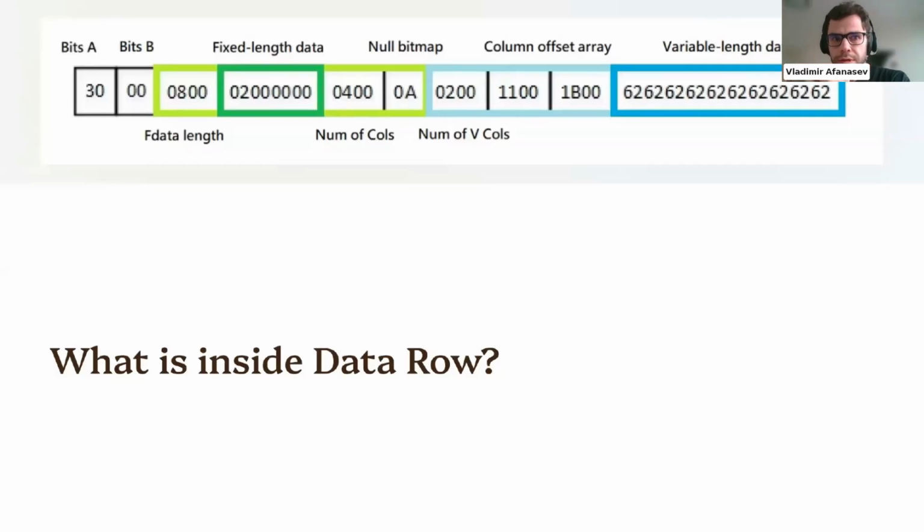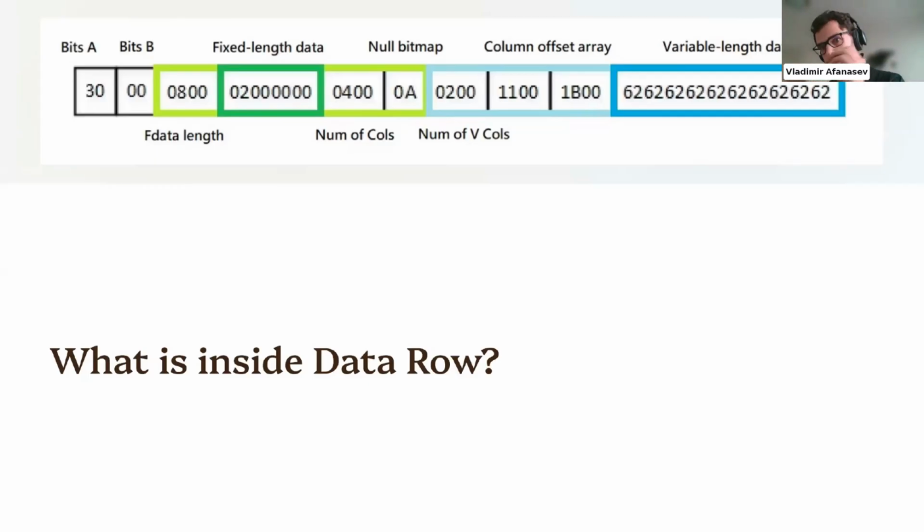It starts with fixed data length, 2 bytes. Then you have your actual data, and we know how much it takes in advance because we have the fixed data length. After that, we have 2 bytes to store the number of columns, and then the null bitmap, which depends on the number of nulls in your columns. So this is fixed length.